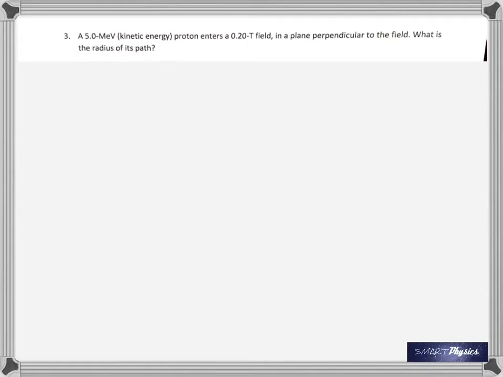And centripetal force is mv squared by the radius, which will be equal to the force. But we need the velocity of the particle, which is not given directly. We need to find the velocity of the particle from the kinetic energy. So that's step number one. From the kinetic energy, find its velocity.